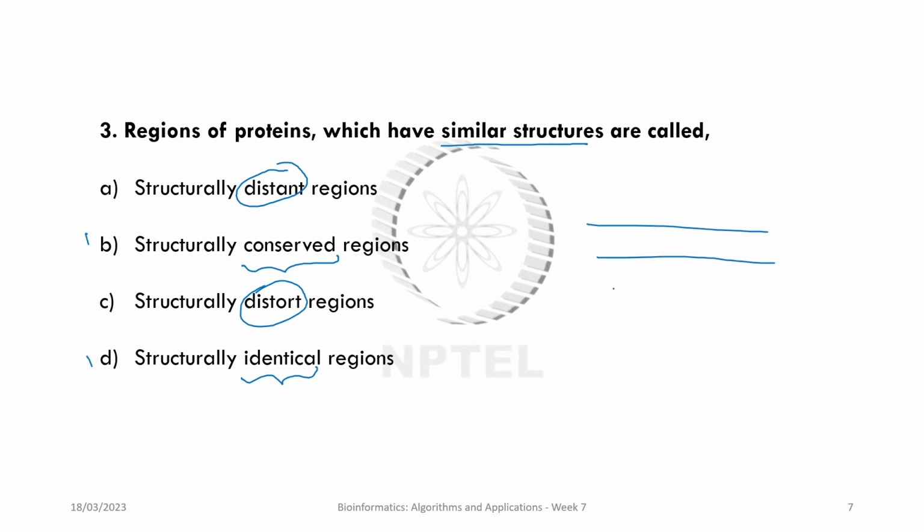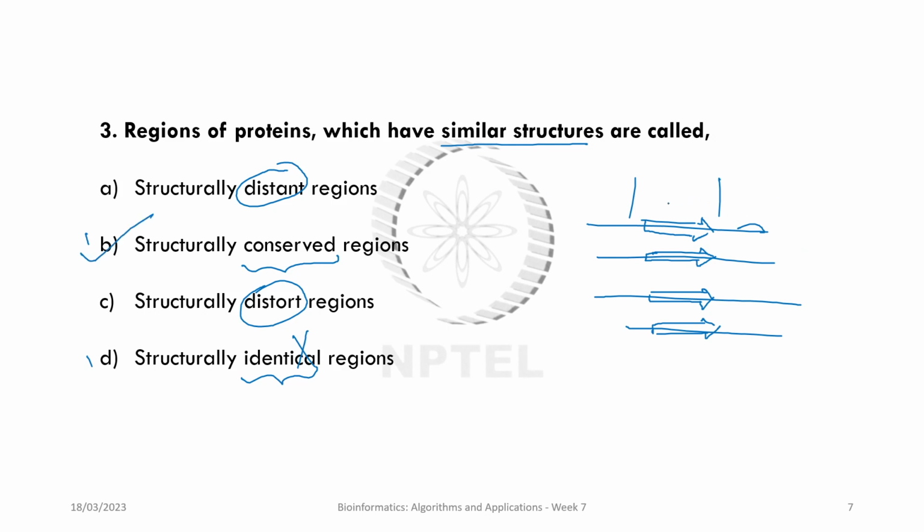So given multiple proteins, regions that have a similar structure is just a simple representation, and others might differ a little. But in this particular region, this group of residues always seem to form a beta sheet or say an alpha helix, it is said to be not identical but conserved.